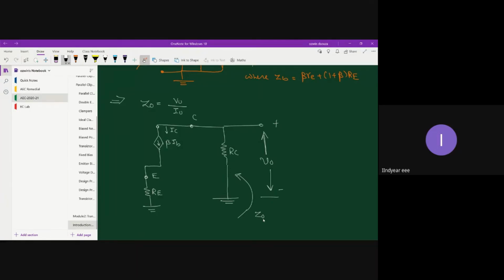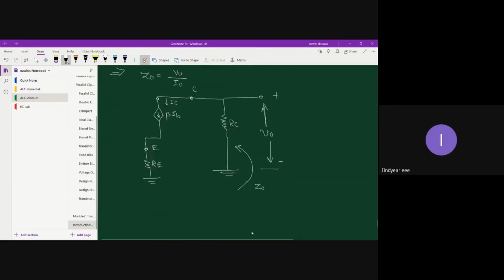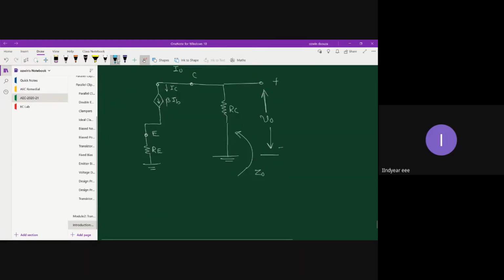To find output impedance, let me consider R0 also. This R0 is actually very high, which is the reason we normally don't consider it in our RE model.